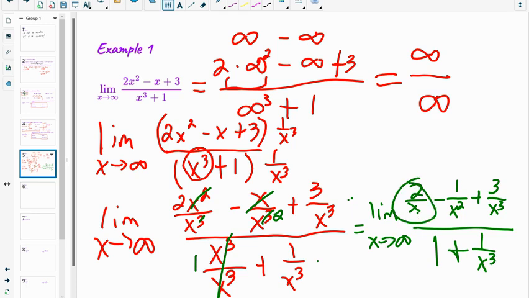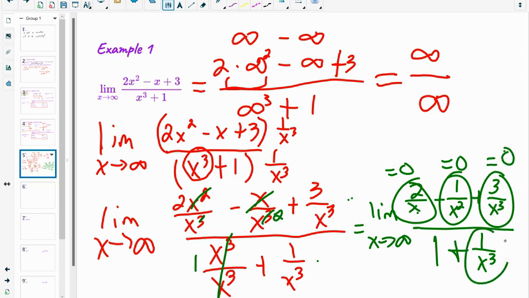These will all individually have limits equal to 0. And then same thing for this bottom one here. Now, it's very tempting, because we said 0 a lot, to say, oh, the limit is 0. Well, no, we've got 0 up top, but we've got 1 plus 0 on the bottom. So we have got 0 as our final limit.